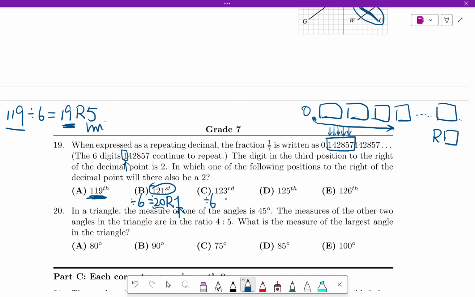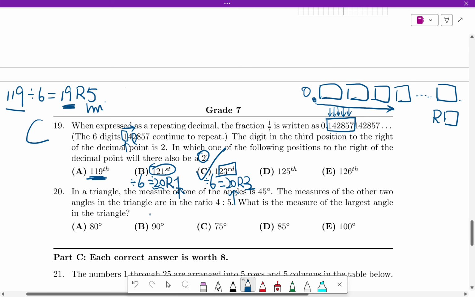For option C, 123 divided by 6 gives 20 remainder 3. So we would have 20 complete sets of the 6 repeating digits, with 3 remaining digits after that, so the digit would be the third digit in the repeating group, which is 2. And we're looking for 2, so option C would be correct.